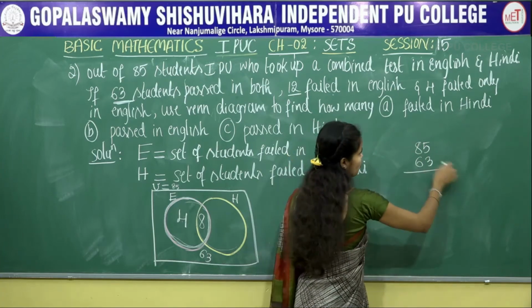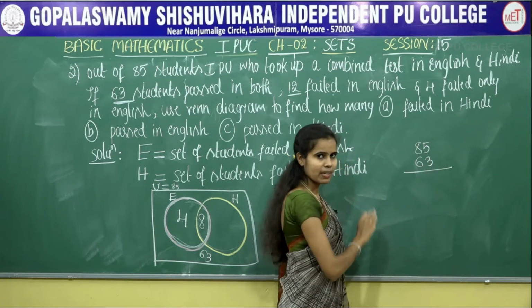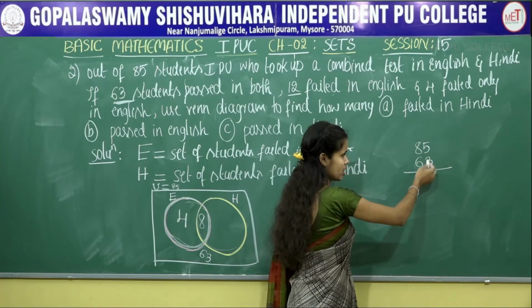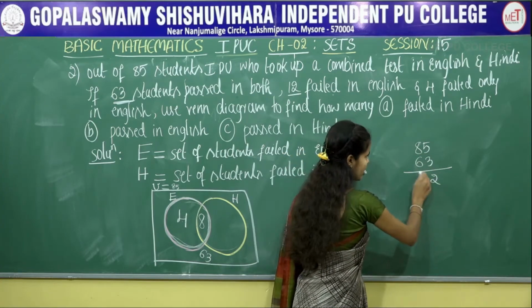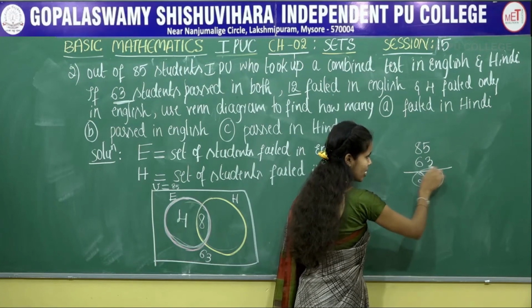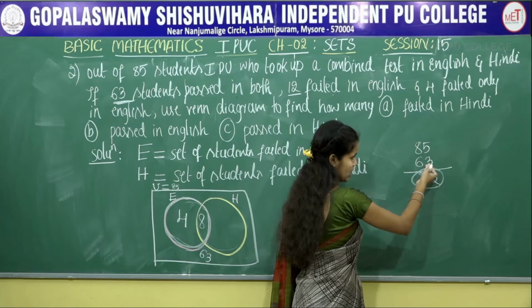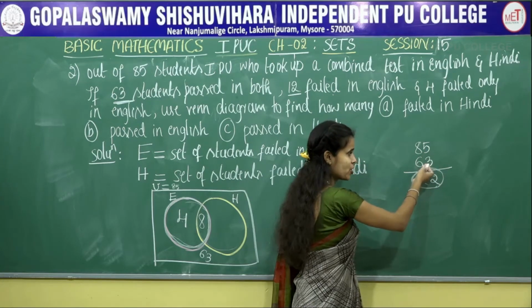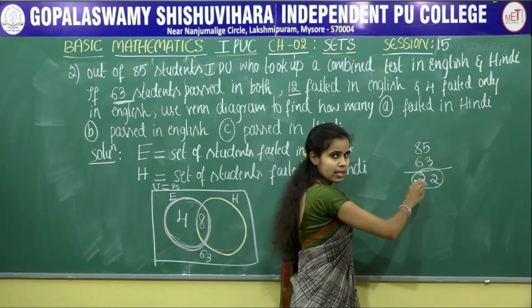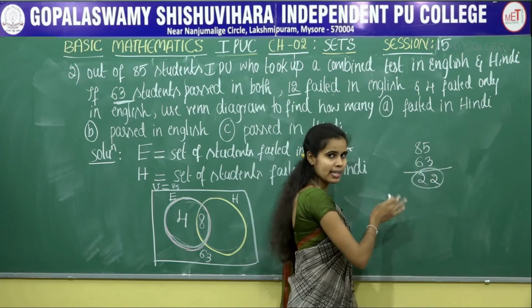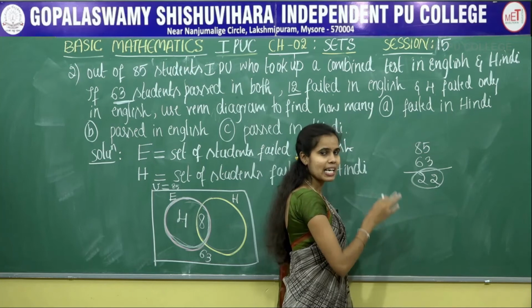So remaining students failed in any one of the subjects. So this is the passed students. So subtract the remaining students here. So 22, so means 22 students. Out of 85, 63 passed in both English and Hindi. So remaining students means they failed in any one of the subjects, either English or Hindi.